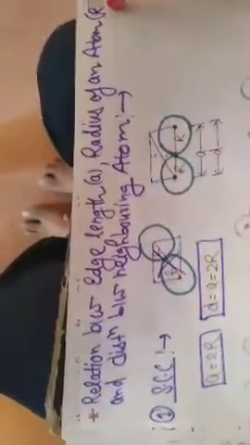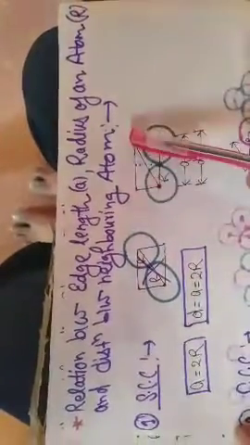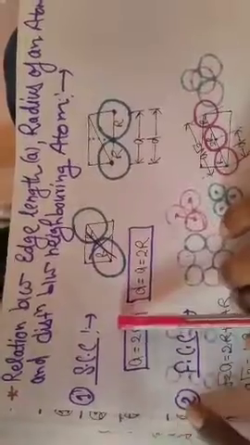Then the relation between the edge length, the radius of an atom, given with capital R, and the distance between neighboring atoms. It is very important for knowing the packing fraction value and also for density relations. So we go to the first unit cell, that is the SCC cell, the most primitive and simple cell.